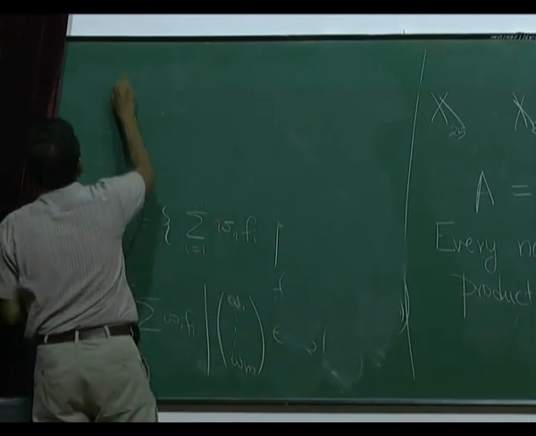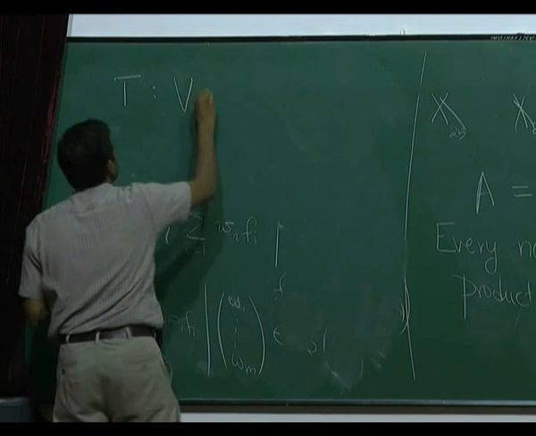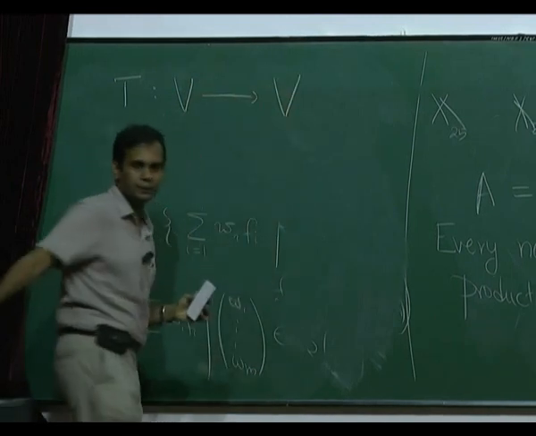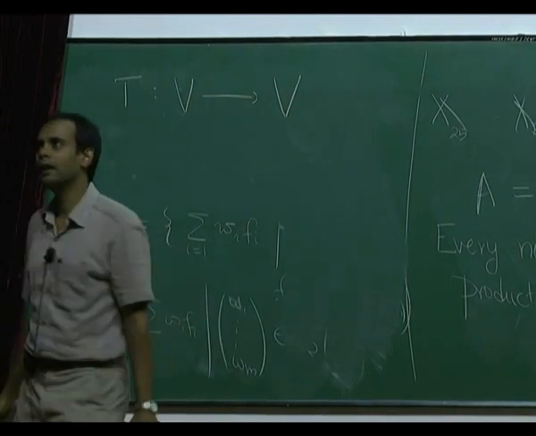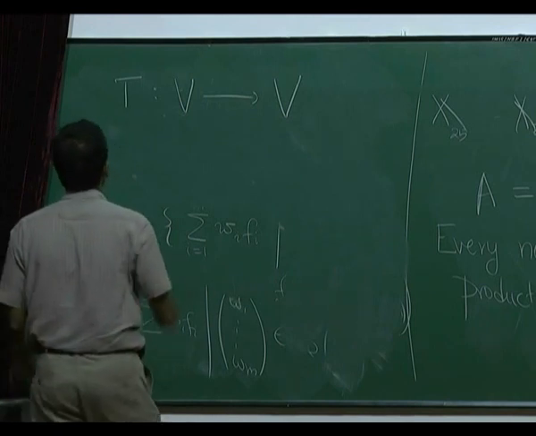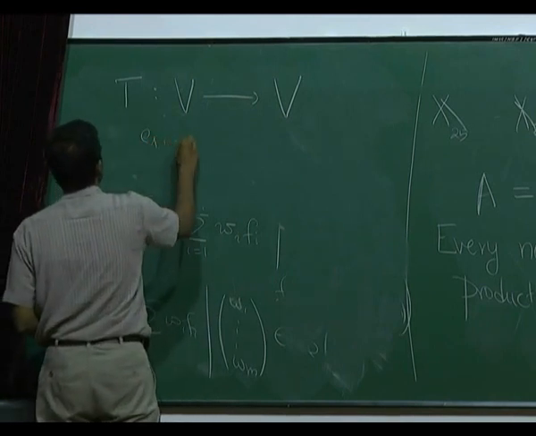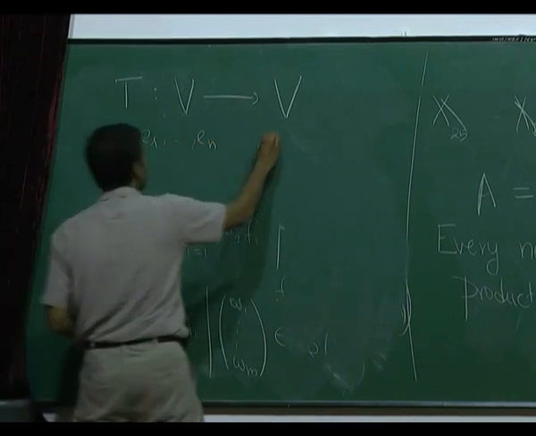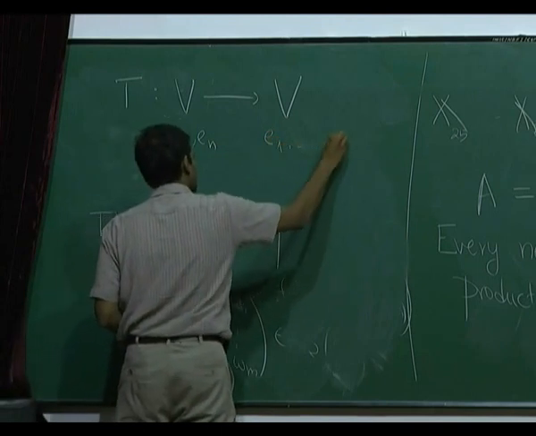So we are looking at T from V to V, same vector space. And now we have a basis here E1 En, and here also we have the same basis E1 En.